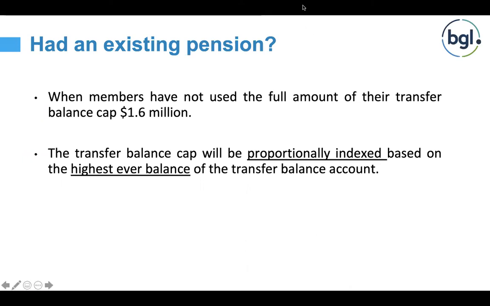So what you're looking at is the most amount that you've had in pension for that member, and that's the amount that's going to be used to find out how much of the cap you're going to be able to utilize. Now, we'll simplify it later on, but we'll first go through some of the instructions that have been given to us from the ATO as to how to work out how much a person has in the cap.